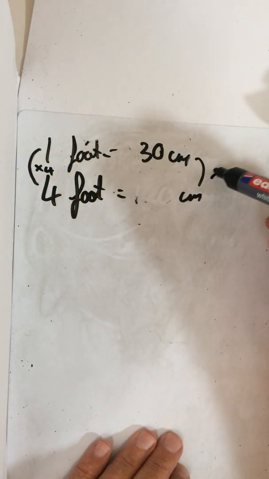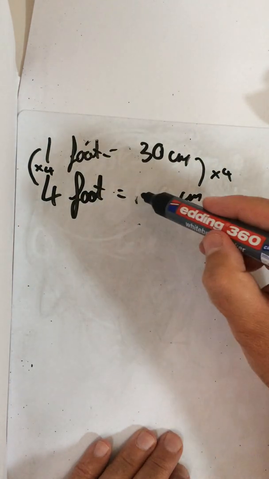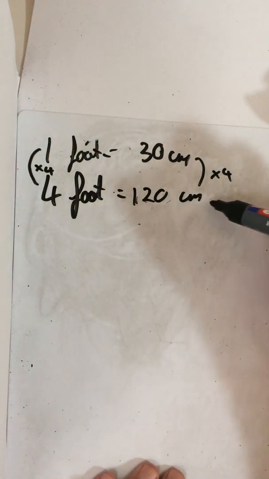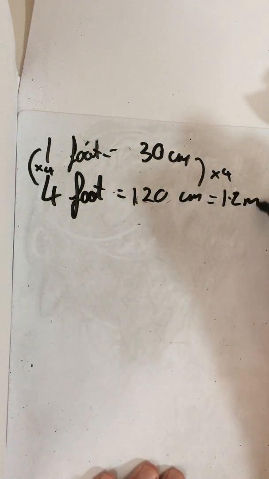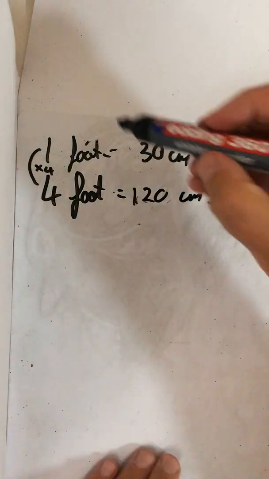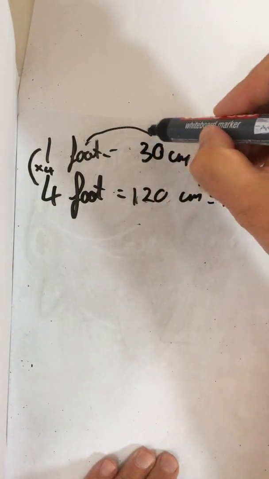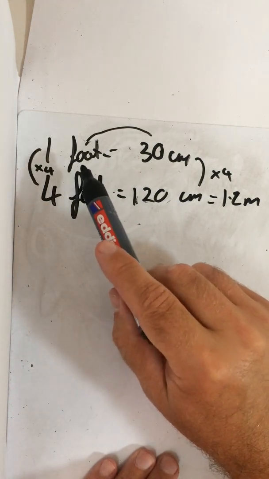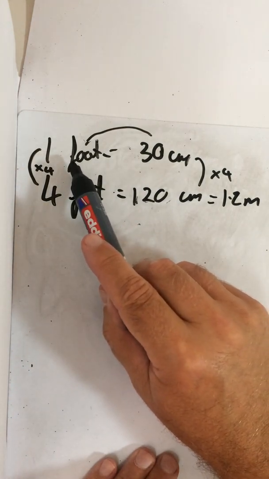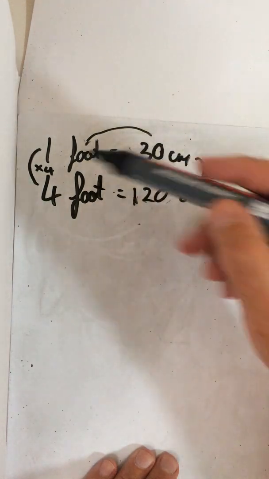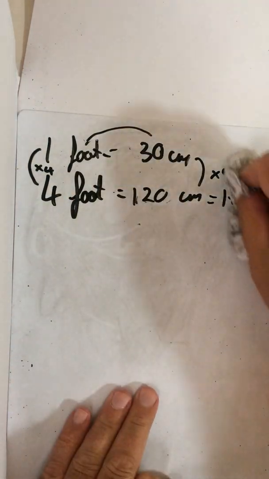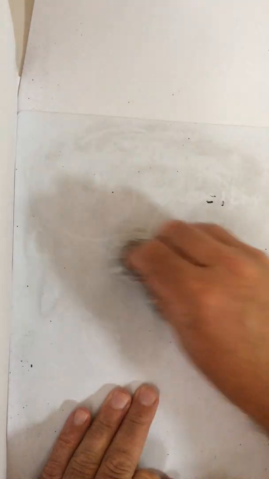I have to do the same on this side, timesing by 4. 30 times 4, 120 centimeters, 1.2 meters. So you can times either way, like I showed you earlier on with the metric conversions. We times across that way, and maybe you can times downwards as well. With the work we're going to be doing, moving on to ratios, it's a really important skill to be able to have.